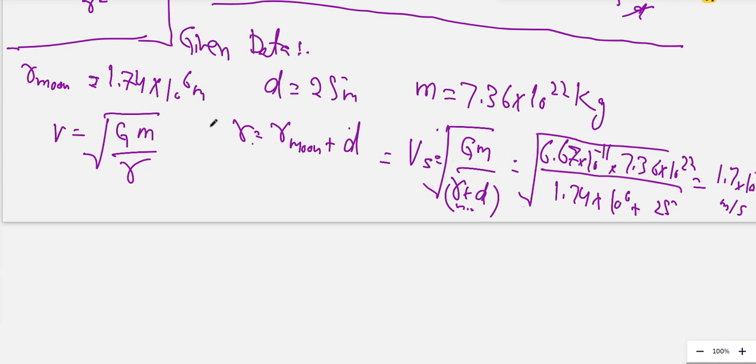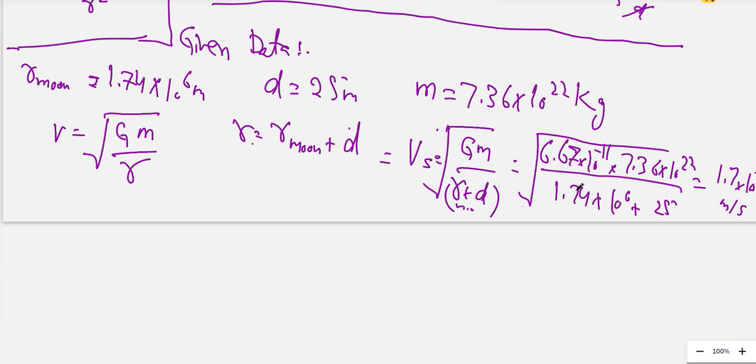Actually, adding 25 meter to 1.74 into 10 to the power 6 meter does not make any sense, because it is a very minute value compared to the radius of the Moon. So it is approximately the same.